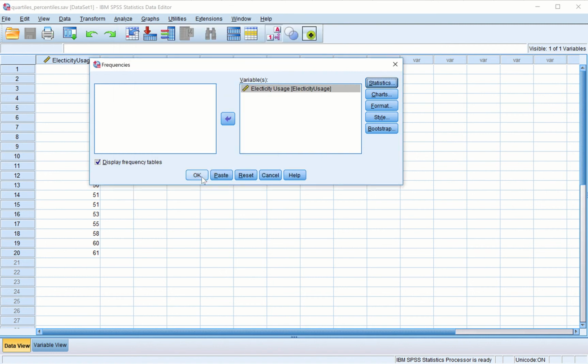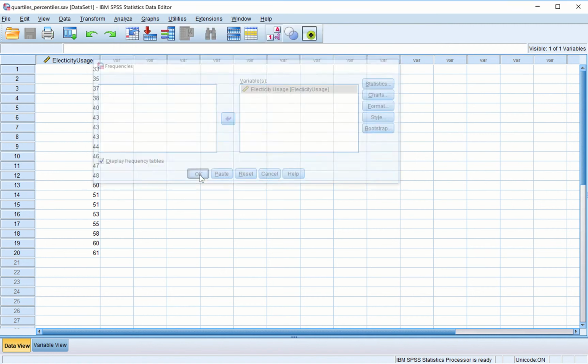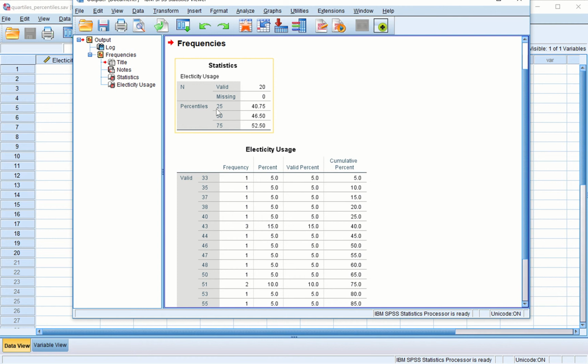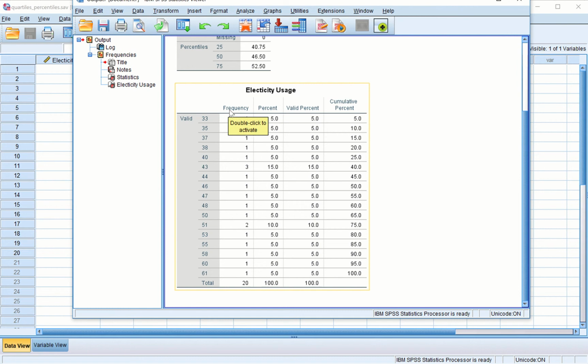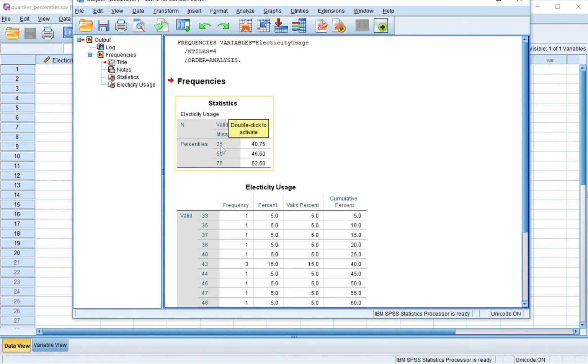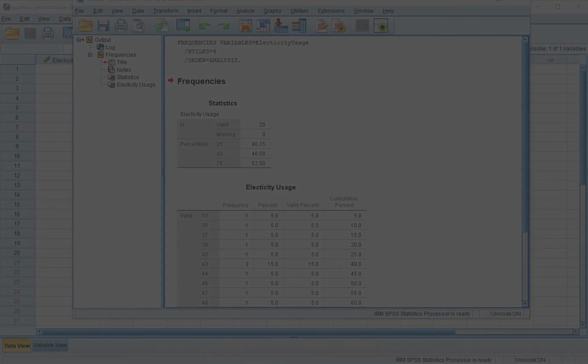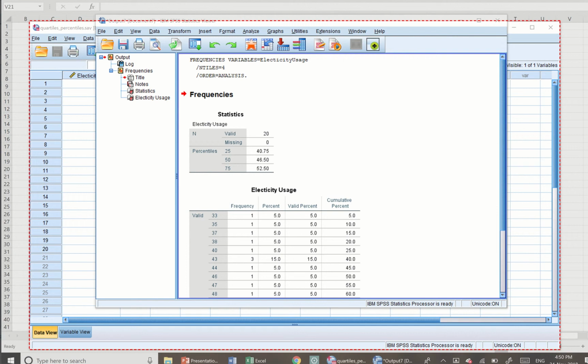I click Continue, and then I click OK in this screen, and here SPSS has computed 4 quartiles, because Q1 is nothing else but... so SPSS has quickly calculated these values for us. And if we look here, the values are expressed in terms of percentiles.